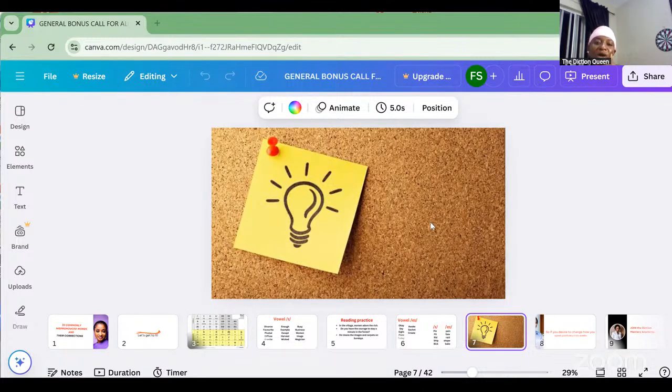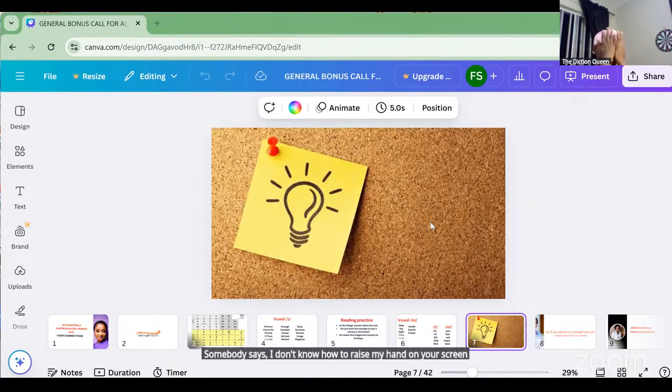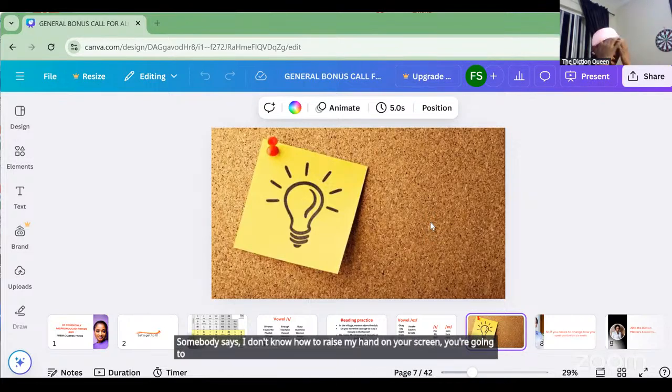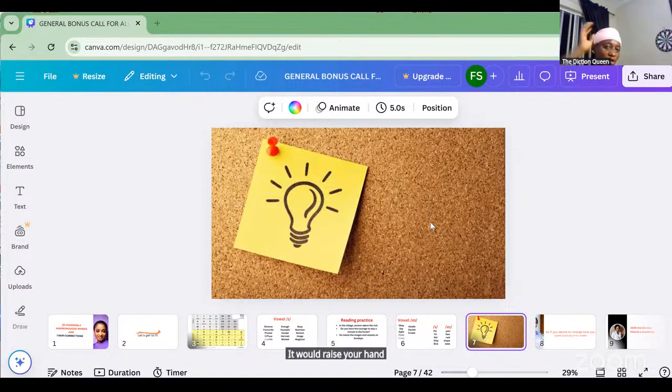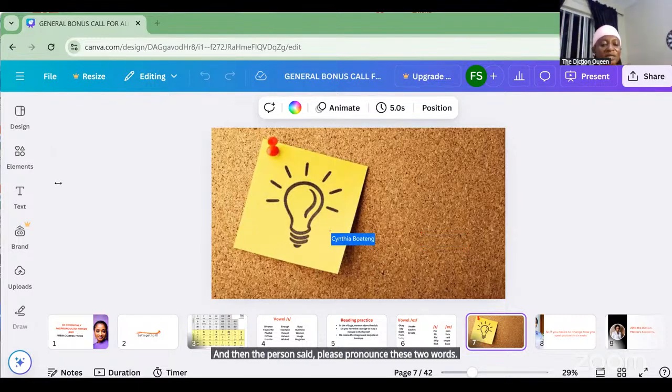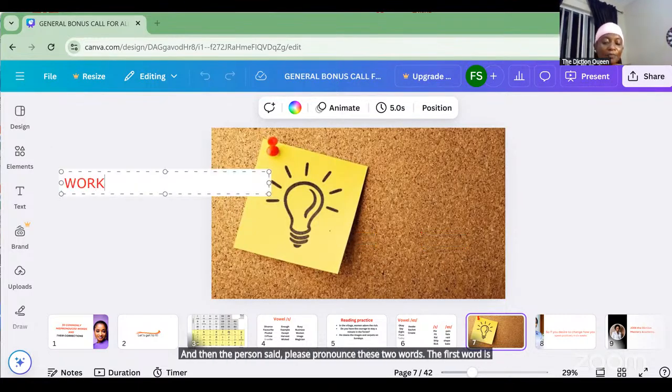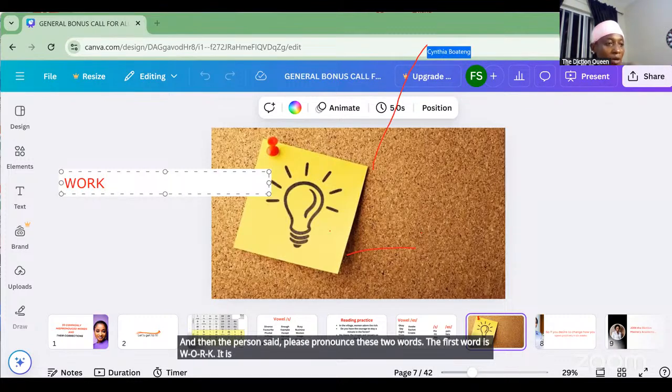Somebody says, I don't know how to raise my hand. On your screen, you're going to see the option where you have raise hand. Just click on it. It would raise your hand. I would see an icon raising your hand. And the person said, please pronounce these two words. The first word is W-O-R-K. It is pronounced work.